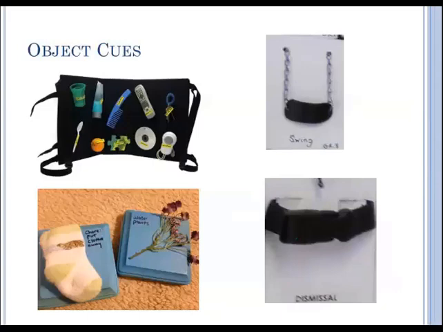So when I'm stuck for ideas, I will often go to, say, the Perkins School for the Blind website, or the Texas School for the Deaf and Blind also has some information. There are a variety of places where people who work in the field of deafblindness can really support us in identifying object cues that will be useful for our learners, including those learners who are sighted but have some pretty significant impairments. So those are object cues.